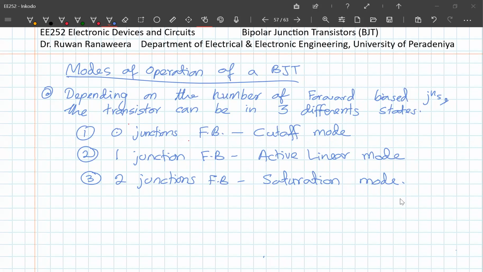We have been talking about modes of operation of the BJT. Last time we talked about the basics of the BJT, and there we identified that when there are two junctions in the BJT, and one of these is in the forward bias direction and the other one is in the reverse bias direction, the transistor behaves in a different way than what we expect.